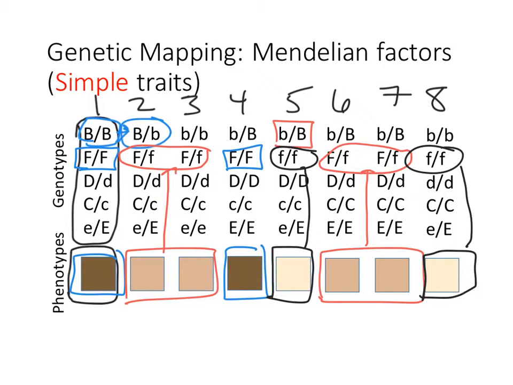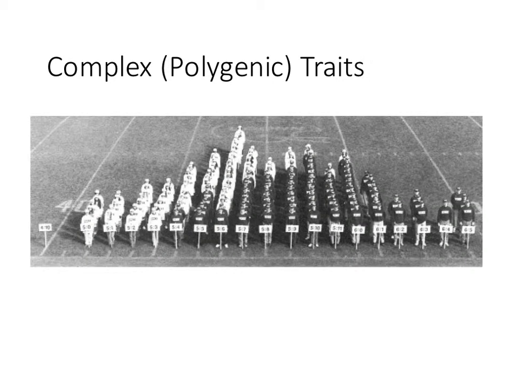So I might conclude, as it seems you did, that gene F likely controls this trait, and not B, D, C, or E, unless somebody has come up with a hypothesis for how one of those genes would control this trait. So that's an example of mapping a simple trait. You look at one gene, you look at the correlation with the phenotype, and you just look for consistency. Do all the individuals with one genotype have one phenotype, or vice versa?